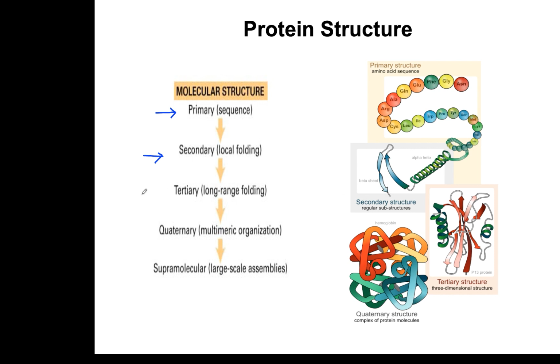And hydrogen bonds can be formed between R groups that produce tertiary structure, so long-range folding. So hydrogen bonds can be formed not between nearby amino acids, but further down the amino acid chain, between R groups. So it forms this tertiary structure.